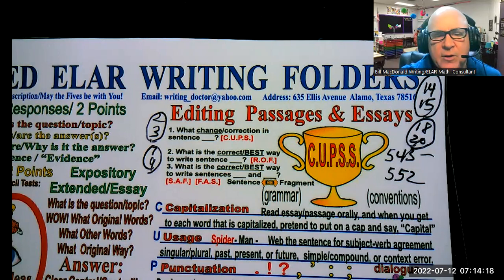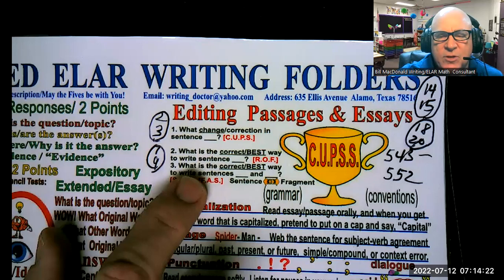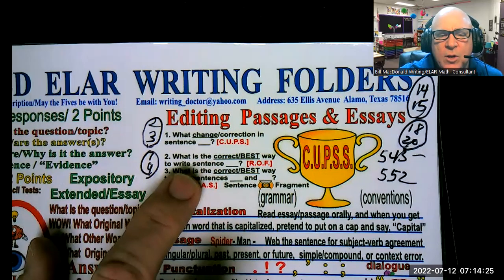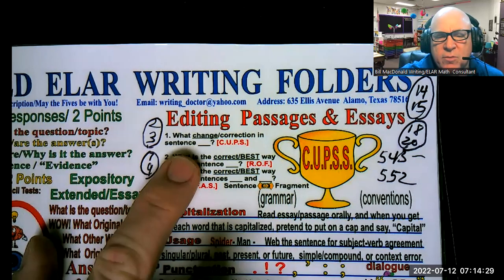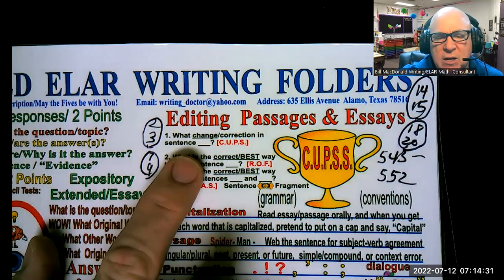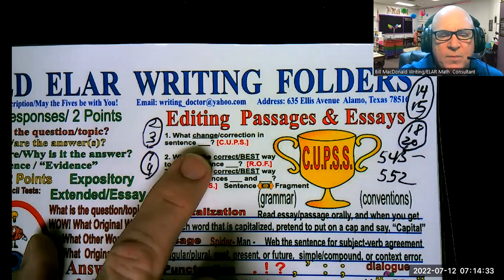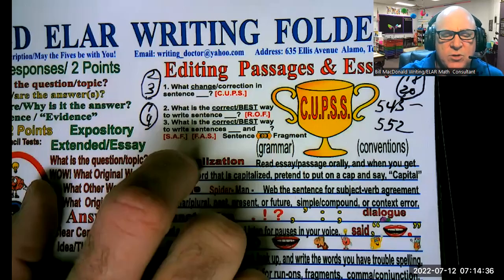So a reminder, in 9th grade and 10th grade, we're going to do 14, 15, 18, 20. One says what change or correction should be made in the sentence. We would underline the change and label C.U.P.S, where the mistake would be capitalization, usage, punctuation, or spelling.